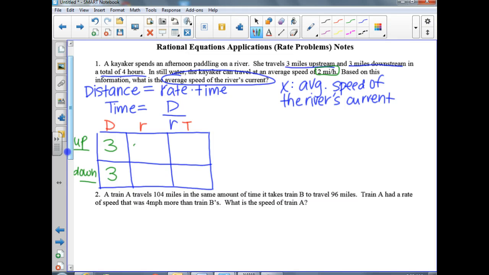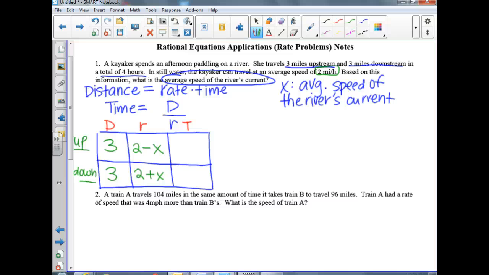If I'm going upstream, we're going to subtract the current. Going downstream, the current's with you, so we're going to add the current and go faster. Then the time is the easy one because it's just distance over rate.